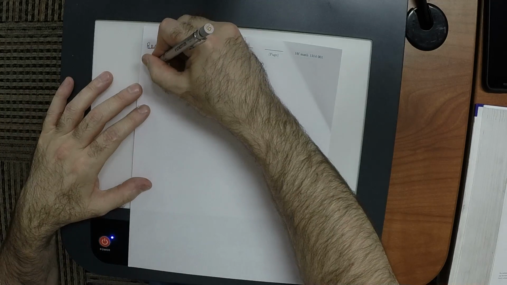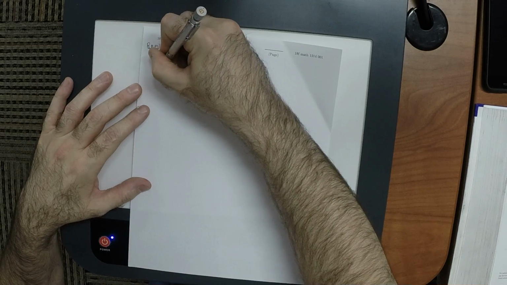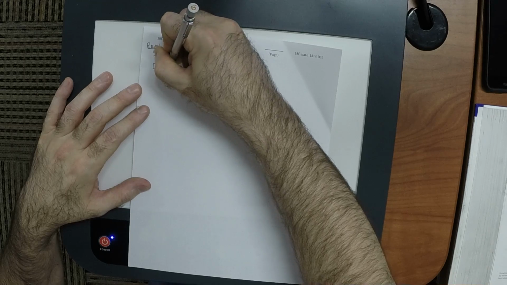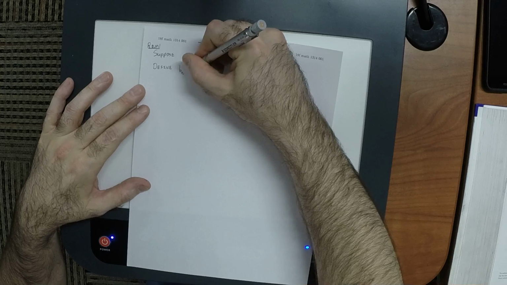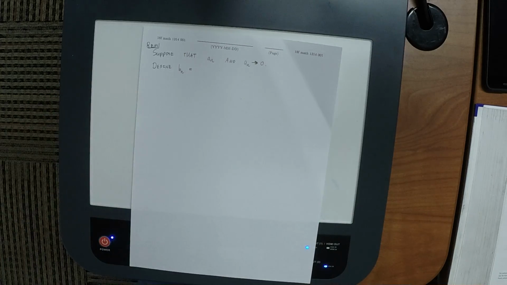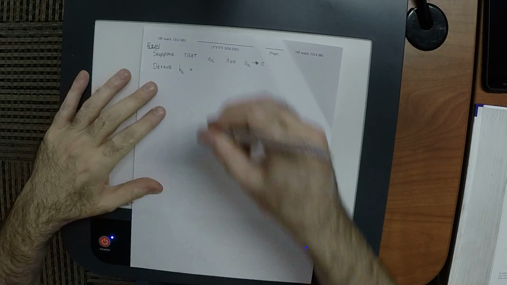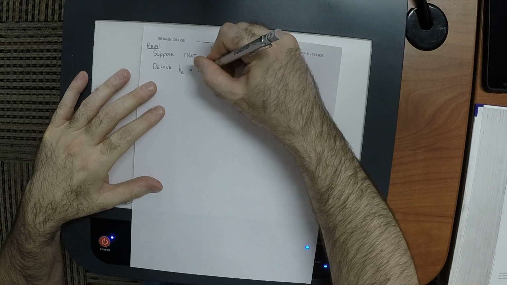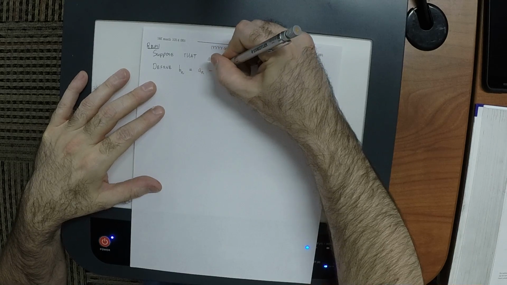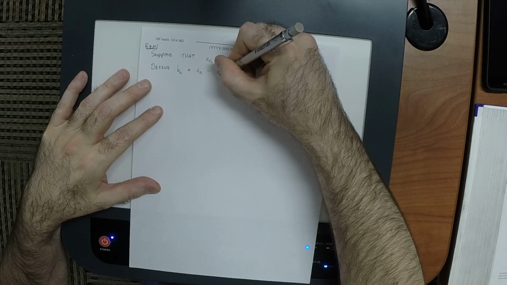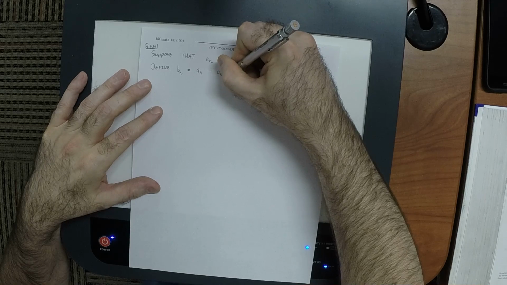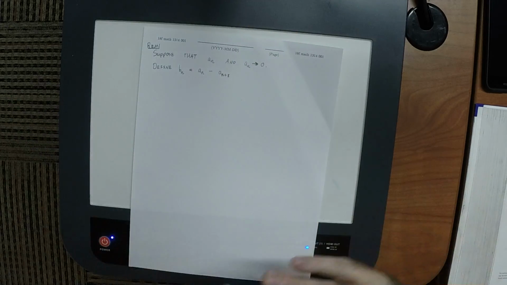I could define a new sequence Bn. New sequence Bn is going to be an, and then I'm going to subtract, for example, a sub n plus 8. Now there's nothing special about 8. I'm just writing 8 to select a particular number.